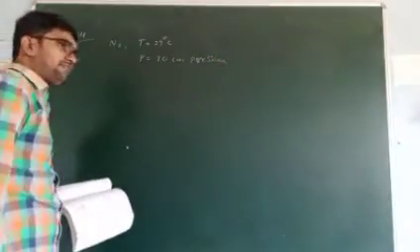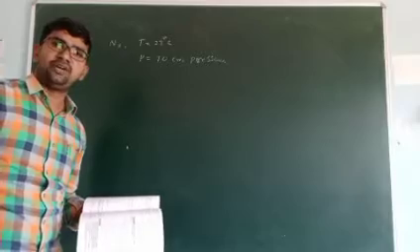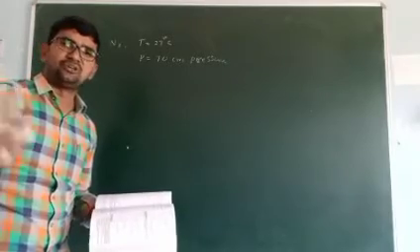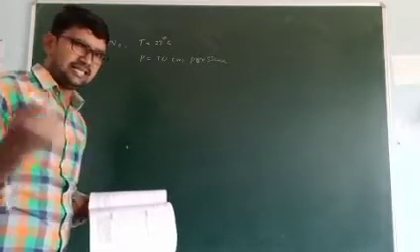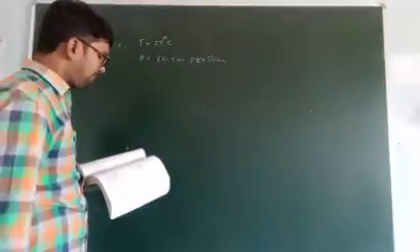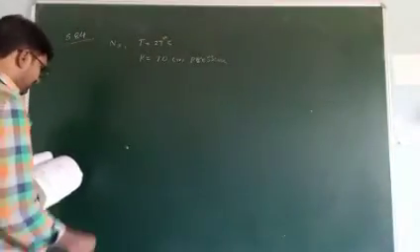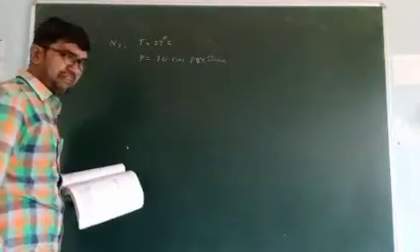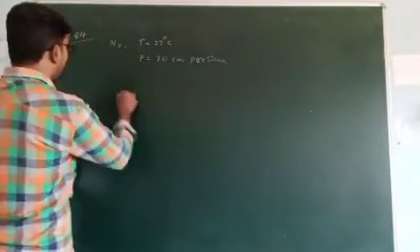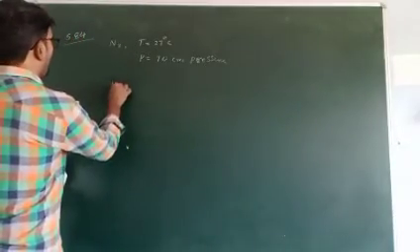Density of mercury is given, but what is the use? Why are they giving the density of mercury here? No use, just for confusing purposes they gave that. Actually they did it in a different, difficult manner, but it is very easy to calculate.